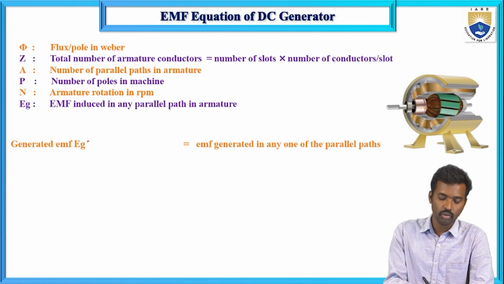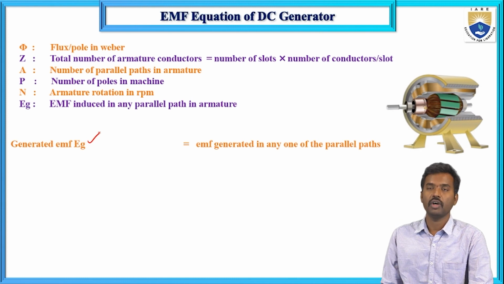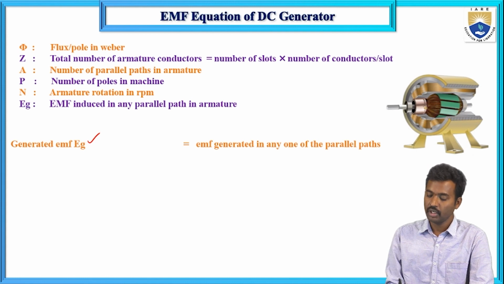So EG equals, now we know that according to Faraday's law, a rotating conductor placed in a stationary magnetic field develops an induced EMF in the armature conductors. Here the armature is rotating and the magnetic field is stationary.